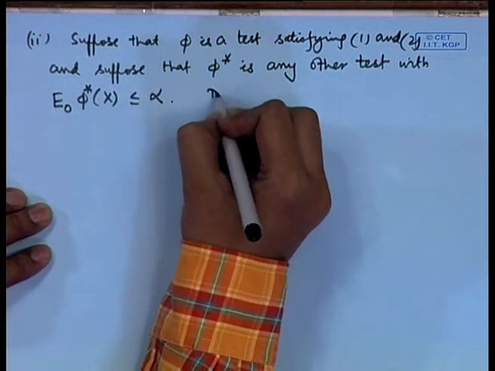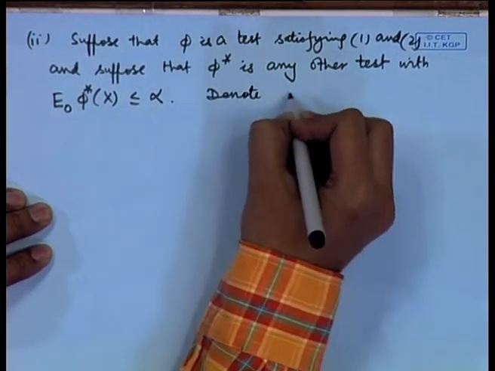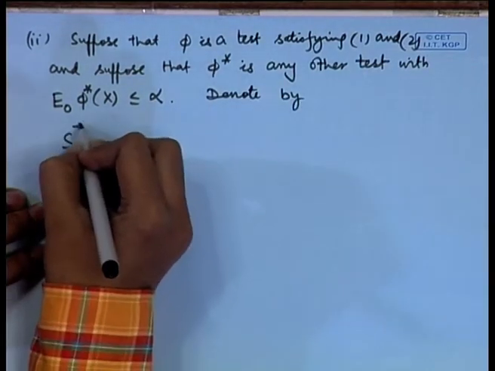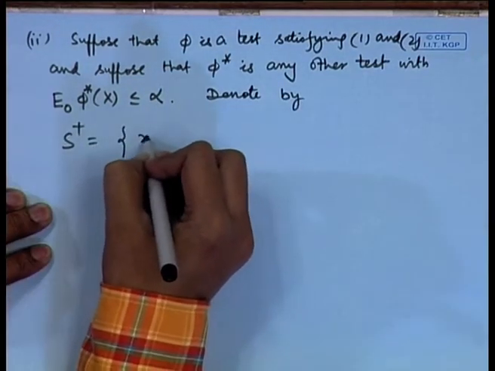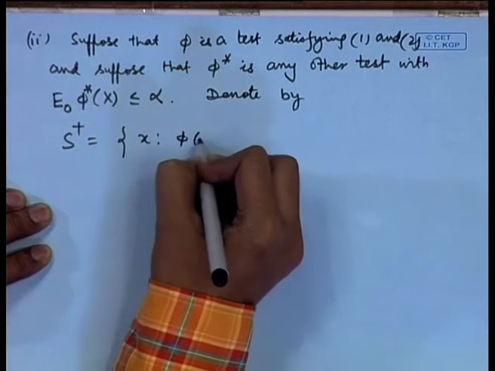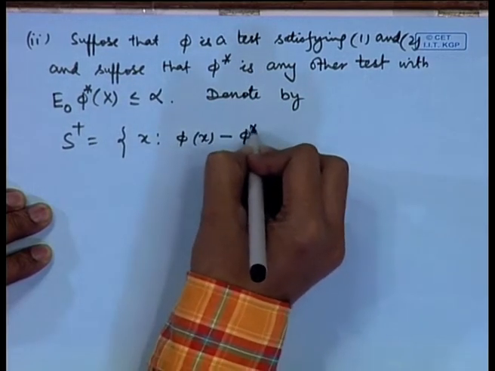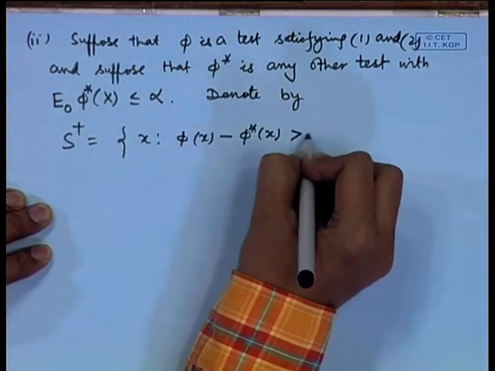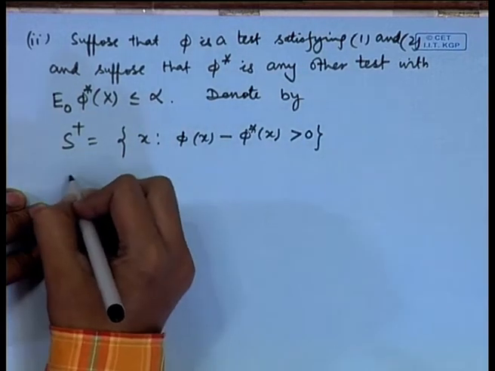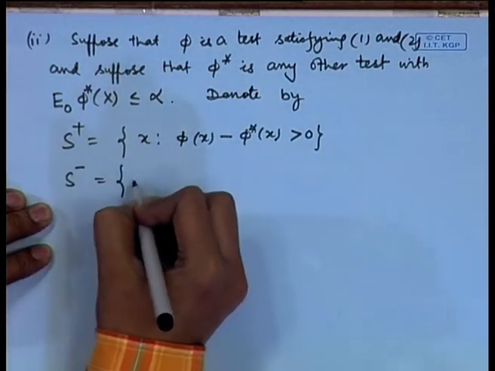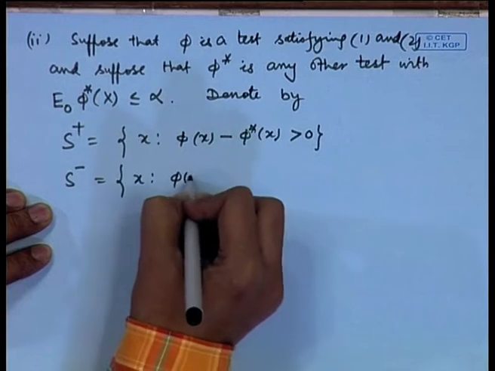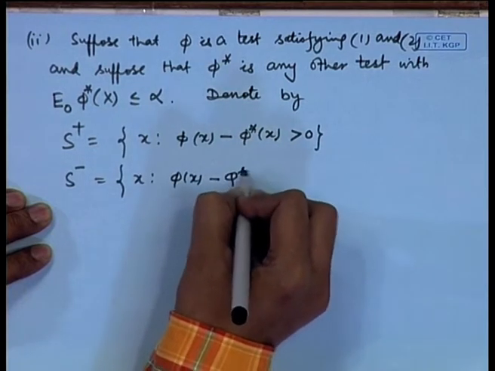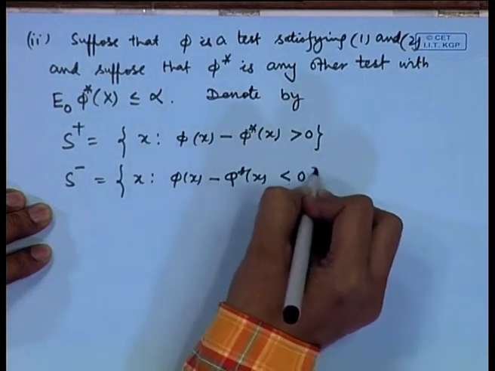Let us use the S plus notation for the set of those points for which phi minus phi star is greater than 0, and S minus is the set of those points for which phi x minus phi star is less than 0.